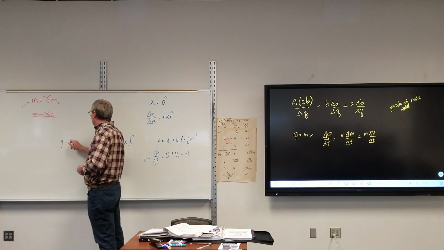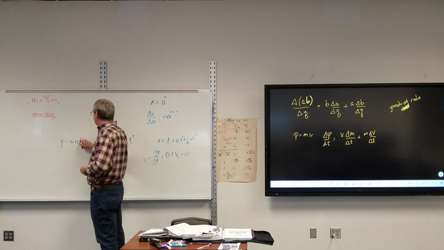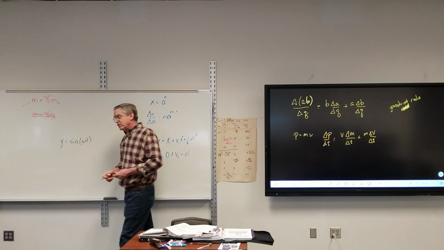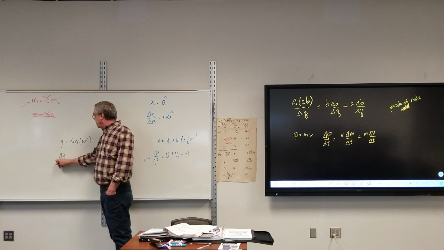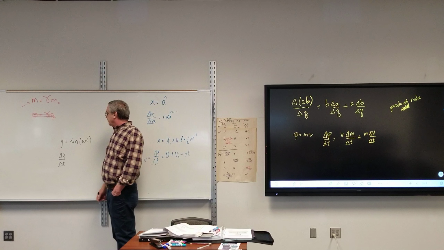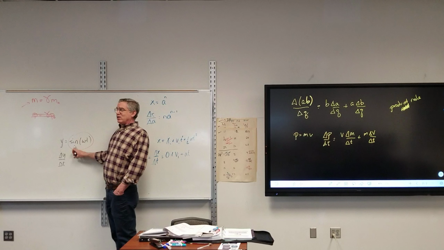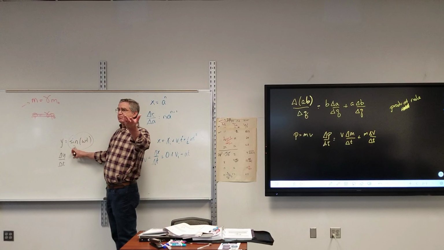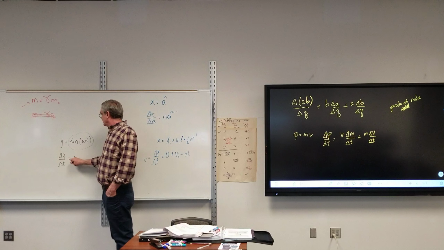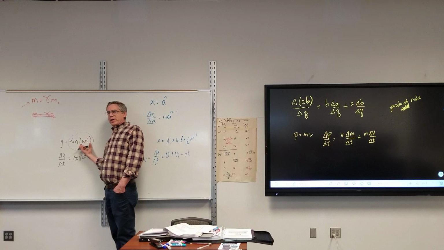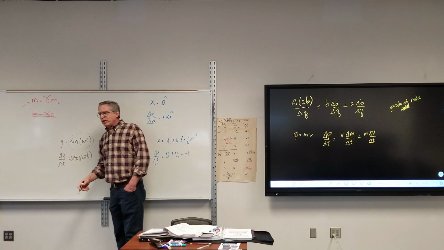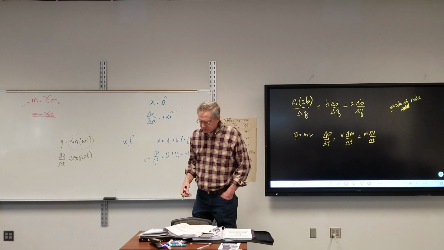Better yet, y equals sine of omega t. And we've done this before. First thing you do is the change in y over the change in time. Well, first you look at the big function. What's the change in sine over the change in time? Cosine. And then you look at what is the change in omega t over the change in time. Omega. Yeah. And we've done that already, just slightly different language.